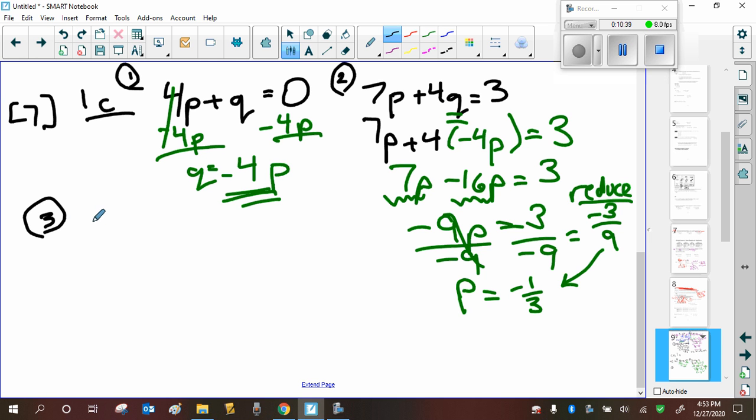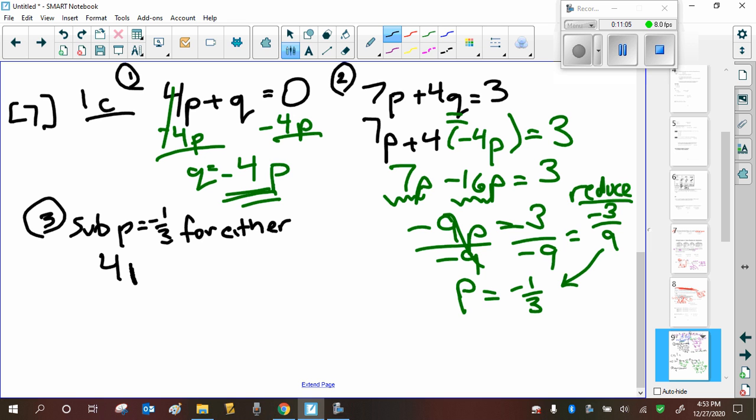That's okay. You might have to know how to multiply and add fractions. So we sub p equals negative 1/3 in for q, or for either. To find q, it looks like the first one's going to be your easiest.